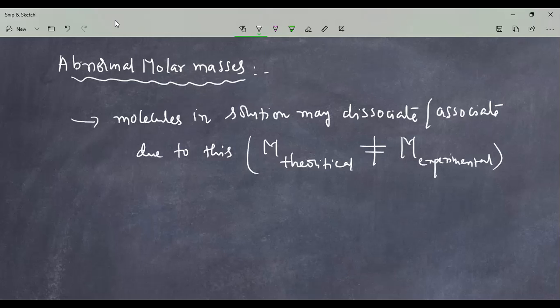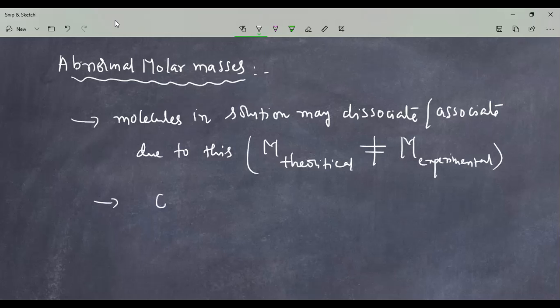Colligative properties of a solution depend on the number of particles present in the given volume, and the observed values become higher or lower than the calculated values due to association or dissociation.